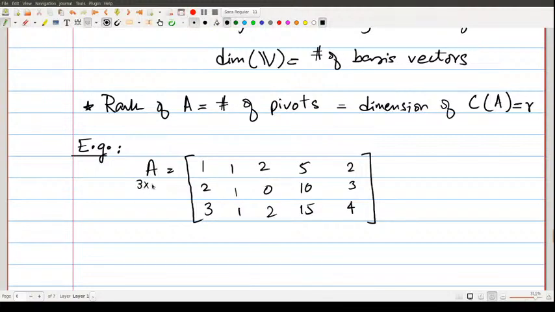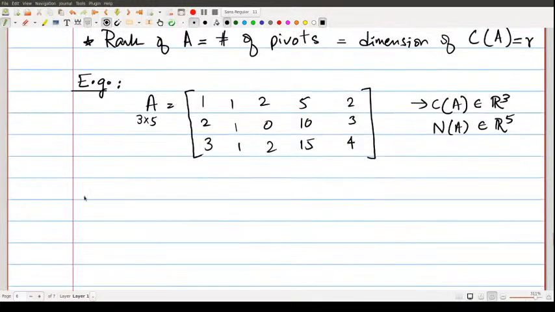This is a 3 by 5 matrix. So the column space of A will be a subspace of R3 because each column has 3 entries, and the null space of A will be in R5. Let's first figure out the rank, which gives the dimension, and then find the dimension of the null space as well.